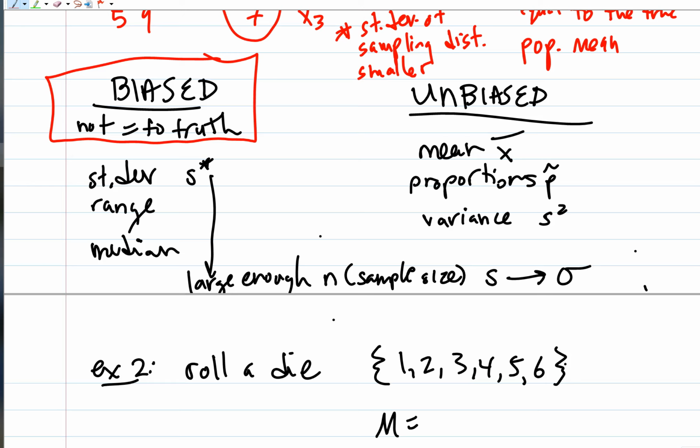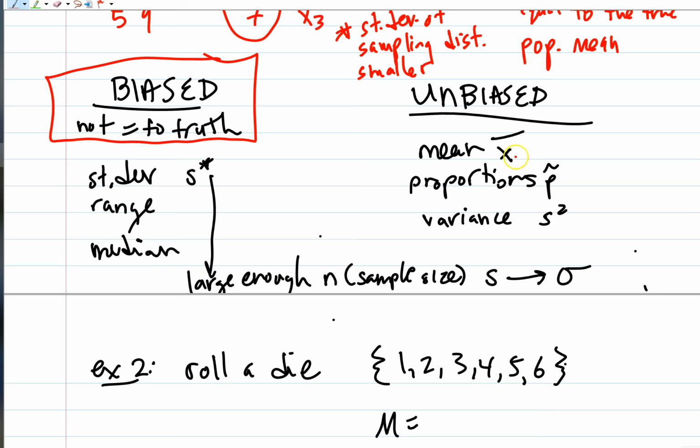If I take a bunch of medians, those won't equal the median of the truth. So all of these are biased estimators. We will not be estimating these. Sort of. See, standard deviation, if we get large enough, then the standard deviation of our sample does approach the standard deviation of the population.